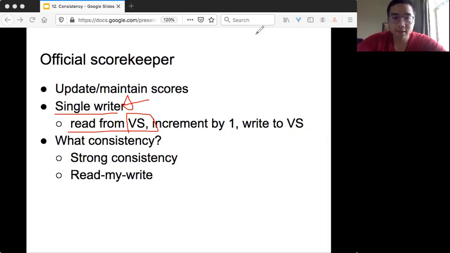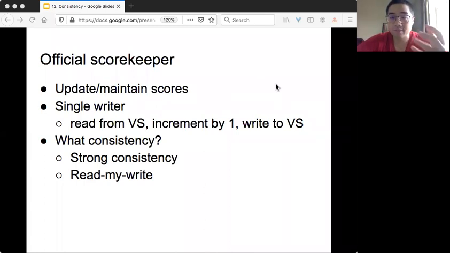Okay, so that's one example of how you use the application scenario or domain knowledge to simplify or to weaken your consistency.